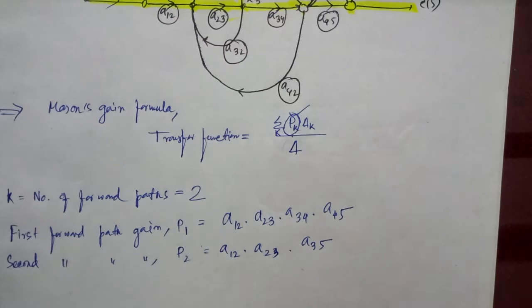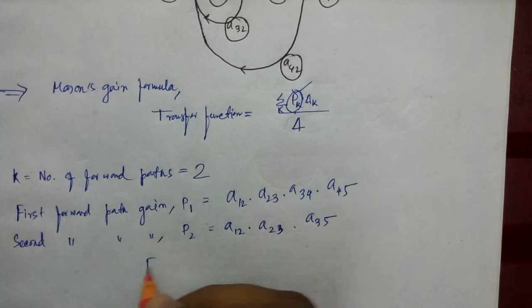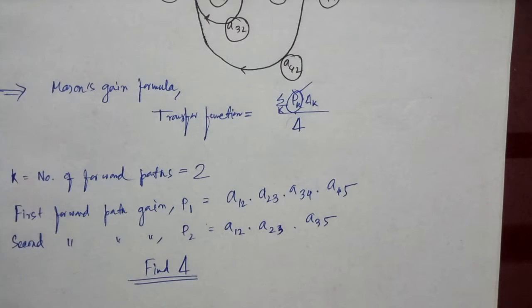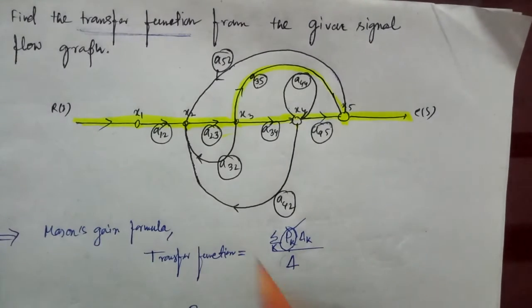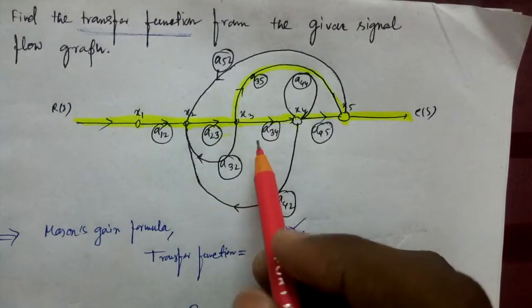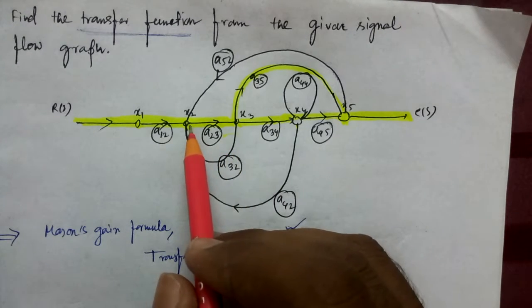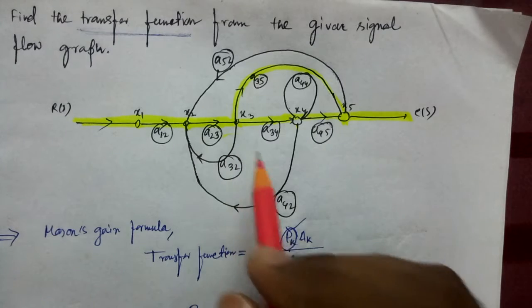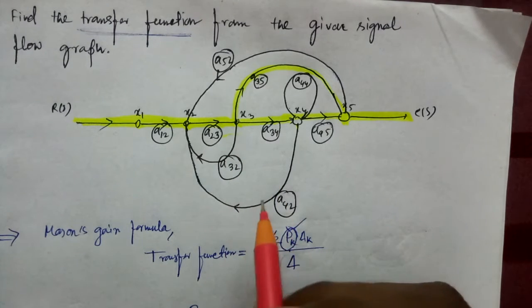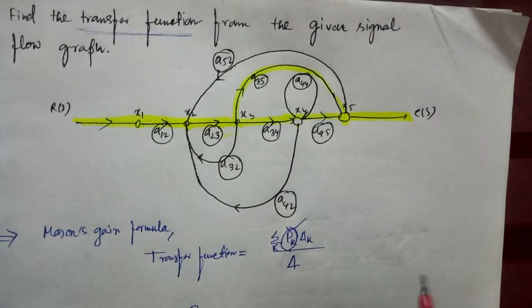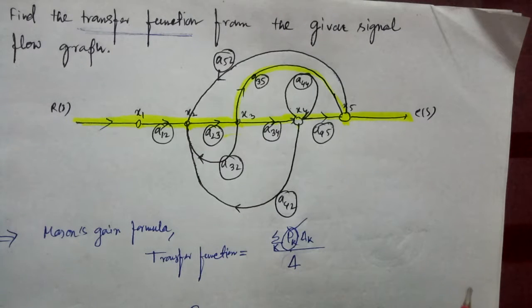To find delta, we first have to calculate the number of loops in this graph. If we see the diagram, there are actually 5 loops, and this understanding is very important to solve any signal flow graph.